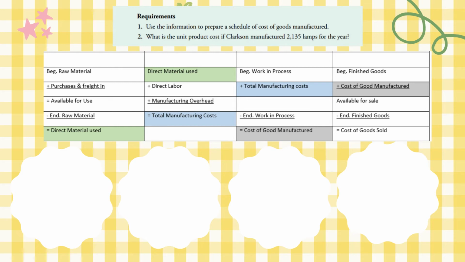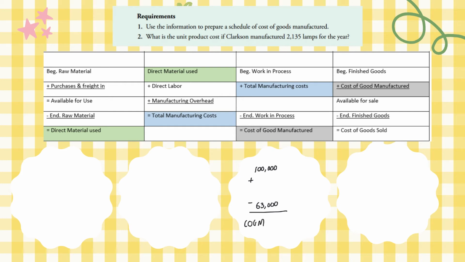Okay, so I don't have the numbers here, but you can print the file. You can find the link in the description area. So let's see. Let's start with cost of goods manufactured. Beginning work in process is 100,000 plus total manufacturing cost, which is not given, less ending work in process, which is 63,000, equals cost of goods manufactured.